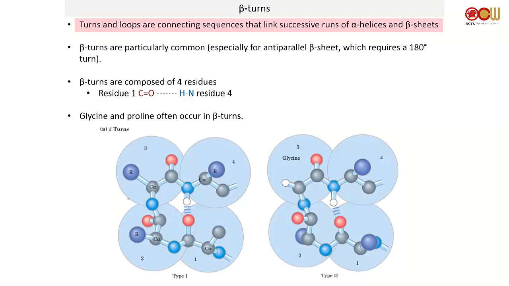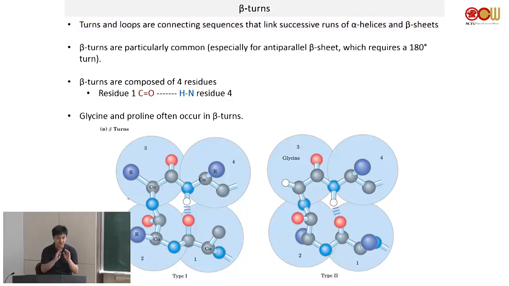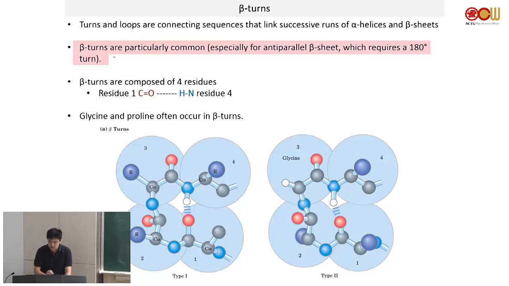Turns and loops are connecting sequences that link successive runs of alpha helixes and beta sheets. These are the sequences that link two different alpha helixes or beta sheets together. Okay, so they're the linking sequence. Beta turns are particularly common, especially for the anti-parallel beta sheet, which requires a 180 degree turn.